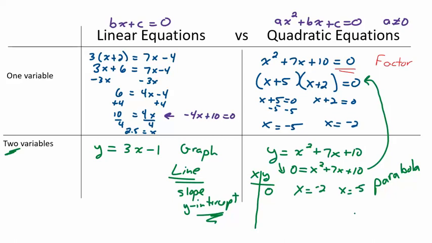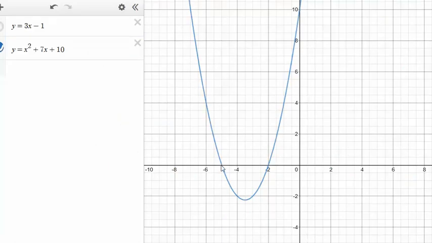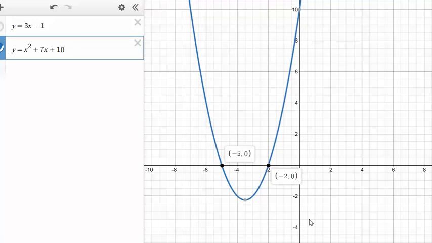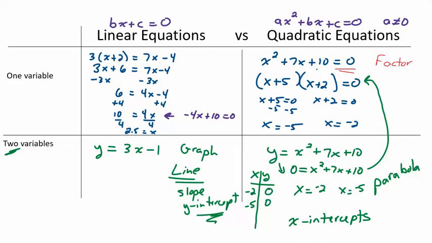So that means if y is 0, x could be -2 or x could be -5. That's giving me those 2 points, and those are two very special points. Those are called the x-intercepts. So the x-intercepts of the parabola right here, -5 and -2, you can find by setting y equal to 0 and then solving that equation. So there is a link between solving the equation in one variable and the equation in two variables.